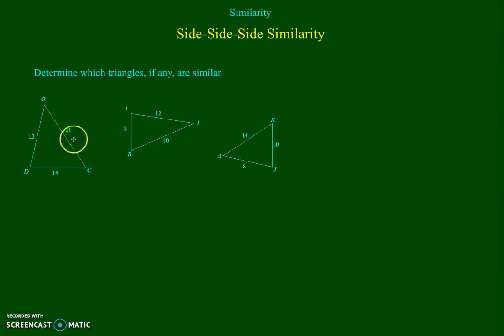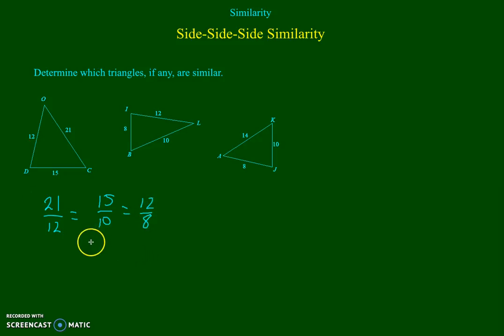So here we have OC and IL. Let's go ahead and start writing down these ratios. We have 21 is to 12, as the next biggest, 15 to 10, and 12 to 8.